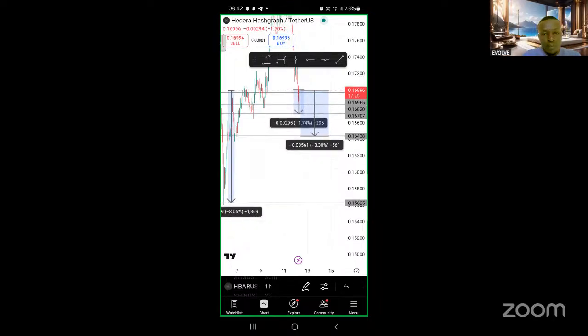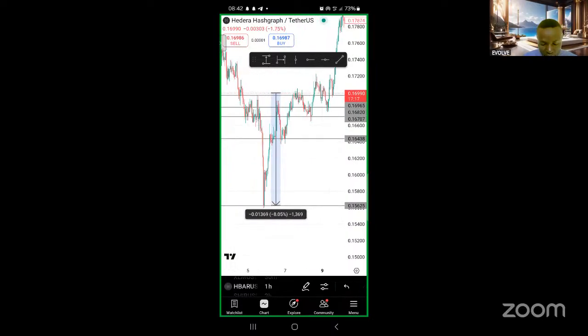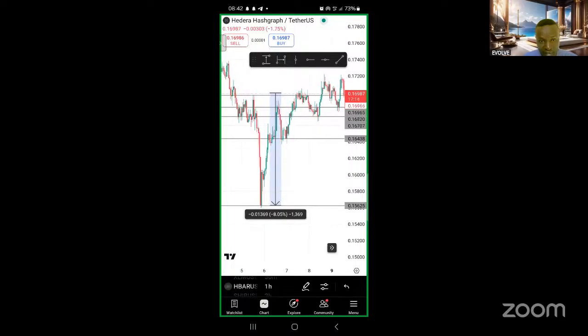So we have -1.5, -1.7, -3. And now we have the worst case scenario we expect is -8. So the market can go down -8.